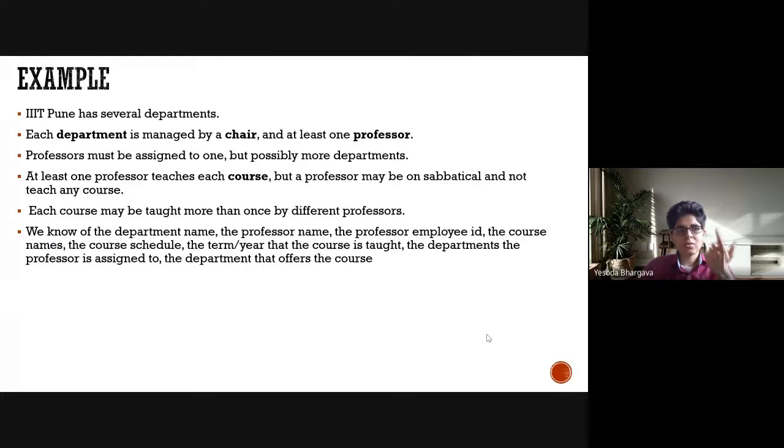Go back to what we have understood about identification of classes. There could be some entities which are performing some operations.